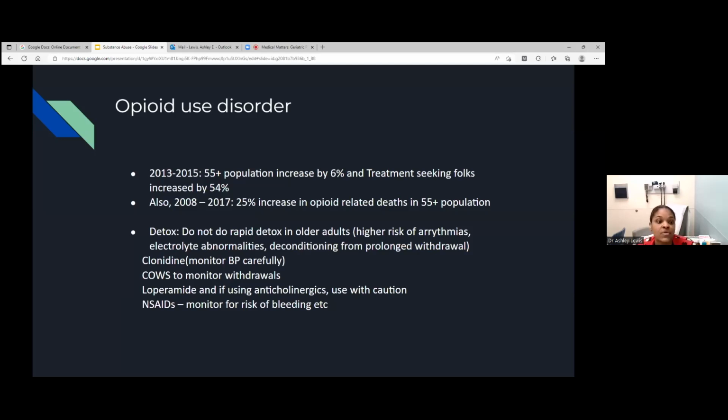You have a higher risk for arrhythmias or electrolyte abnormalities, deconditioning from prolonged withdrawal. You can use clonidine to manage the high blood pressure, or COWS to monitor withdrawal symptoms. Loperamide, and if using anticholinergics, use with caution. And NSAIDs, monitor for risk of bleeding.